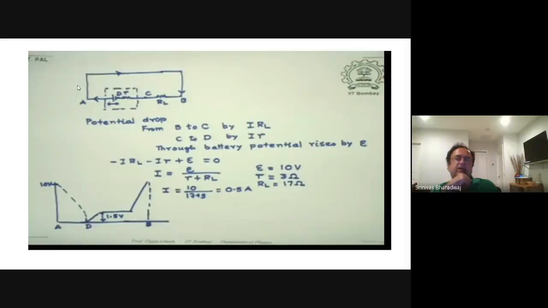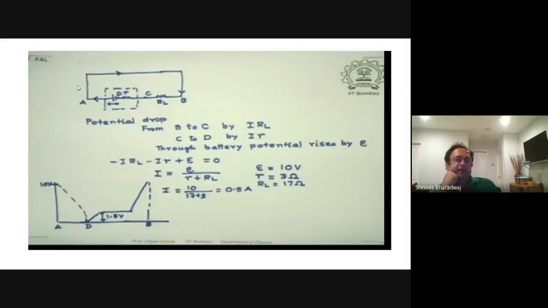Therefore, I equals E divided by R plus RL. That is the current. Now once you know the current, I squared RL is the power taken up by the RL.